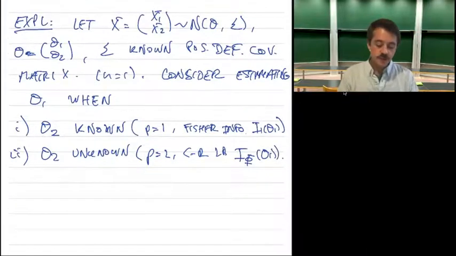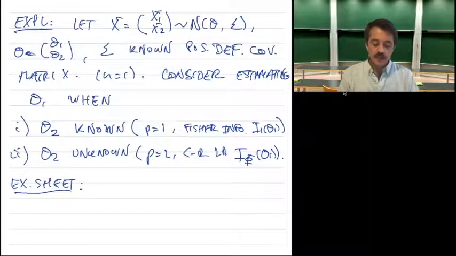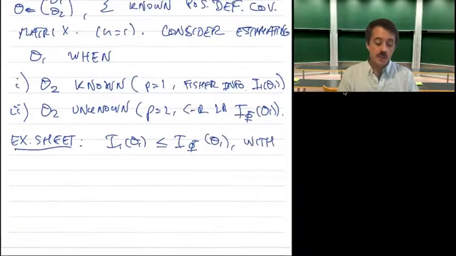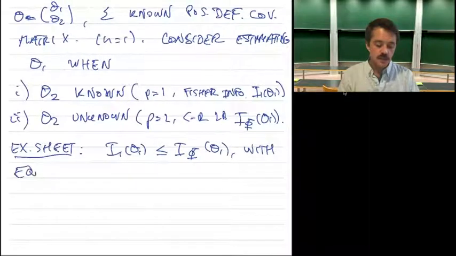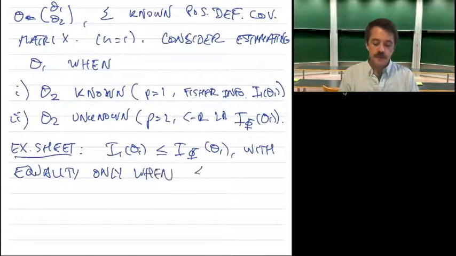So what you will have to show in the example sheet is the following: that I_1(theta 1) is less or equal than I_Phi(theta 1), with equality only when this capital Sigma is diagonal.